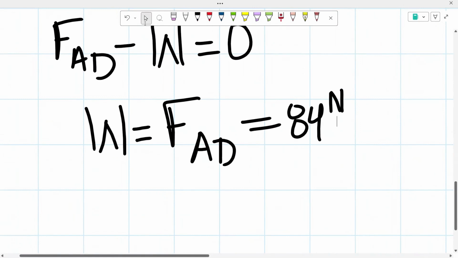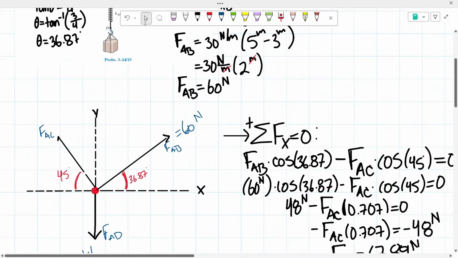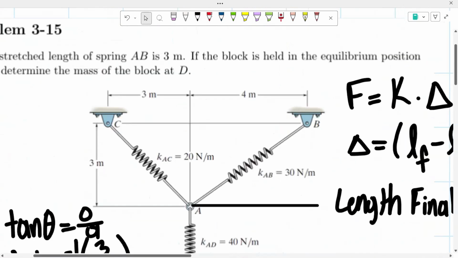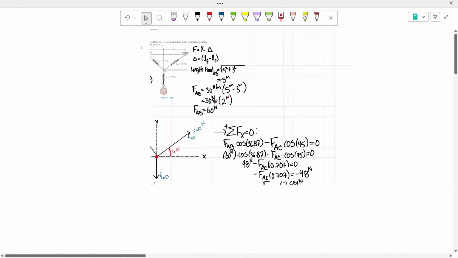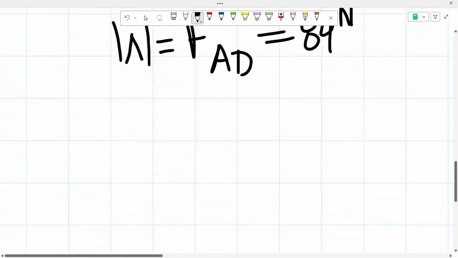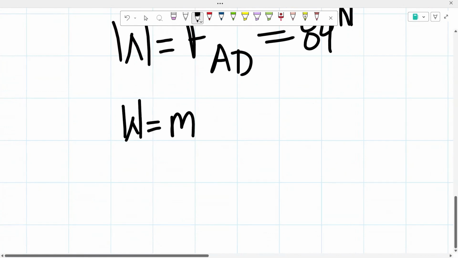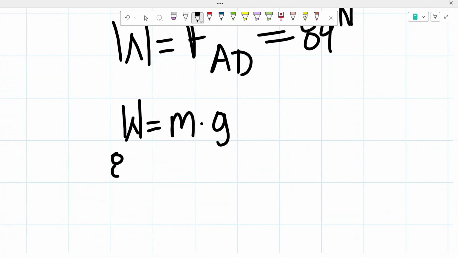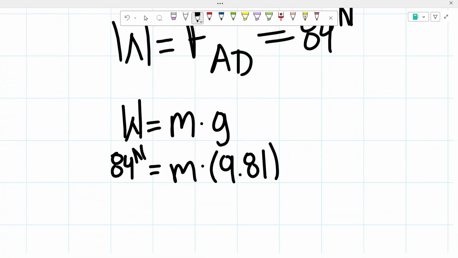But remember, this problem asked us to find the mass of the block and not the weight of the block. So if you guys remember, the weight of anything is equal to the mass times the gravity of it. We know that the weight is 84 newtons, we're trying to find the mass, and we know that gravity is equal to 9.81.